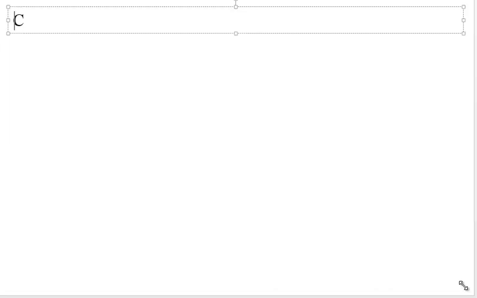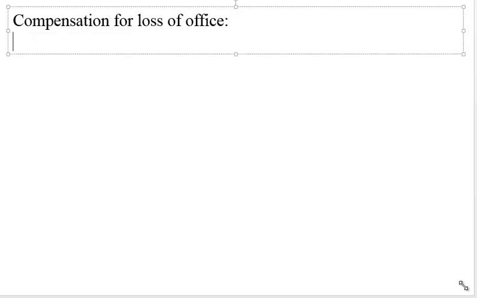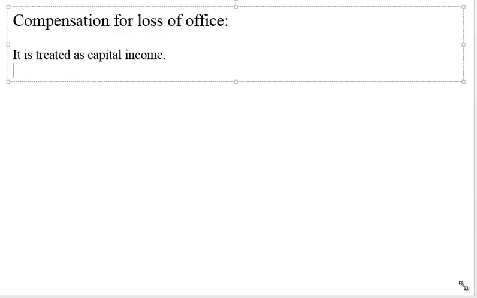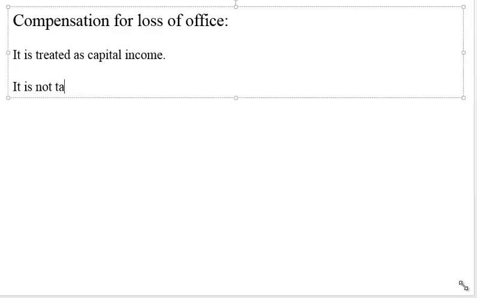You lose your position, and in that case, if your employer pays you any lump sum, is it taxable? It's not taxable. It is treated as your capital gain, capital income. It is not taxable.